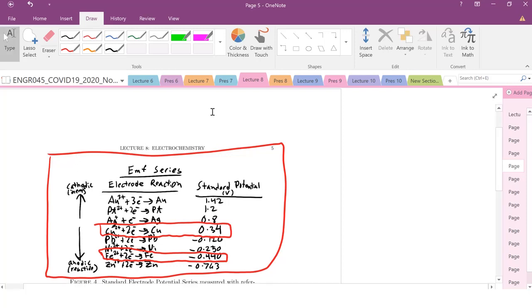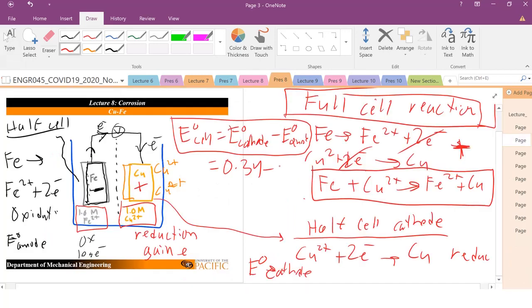So the E naught of our anode is that, minus 0.44 volts. So minus a negative 0.44. That is going to equal what? Add that together. I don't even need Mathematica for this. 0.78 volts. So clean that up just a little bit right here.